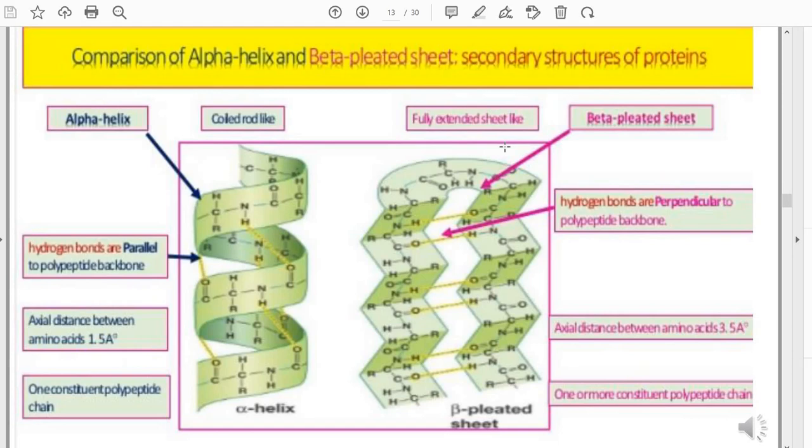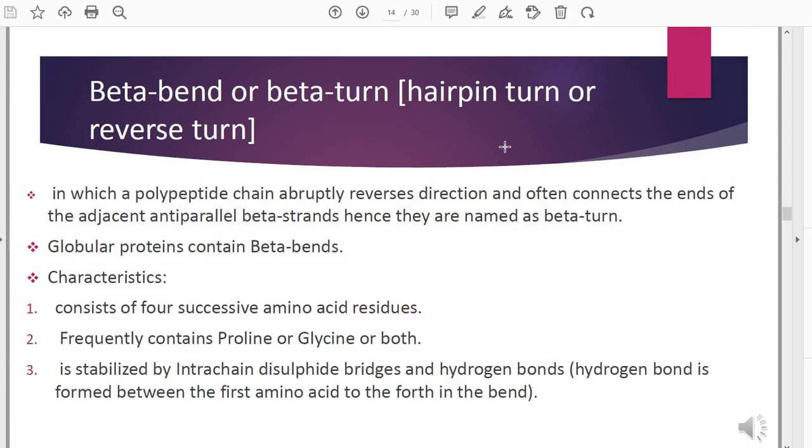It may be 2 or 3. So alpha helix is a single polypeptide chain, but beta pleated sheets can be a single or more than one polypeptide chain.